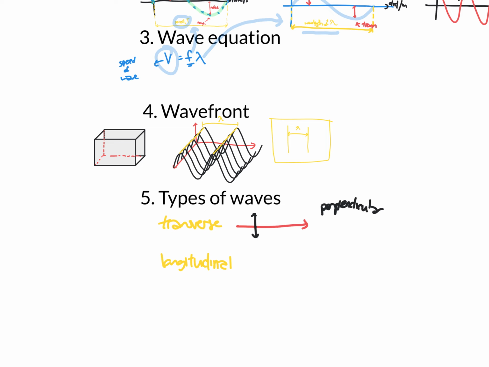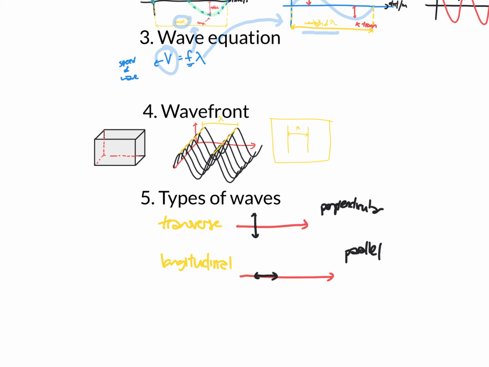So the direction of wave motion is perpendicular to the direction of particle vibration. Particles vibrate this way, wave motion goes this way. But for longitudinal waves, if my wave goes this direction, my particles are going to vibrate this way, parallel.